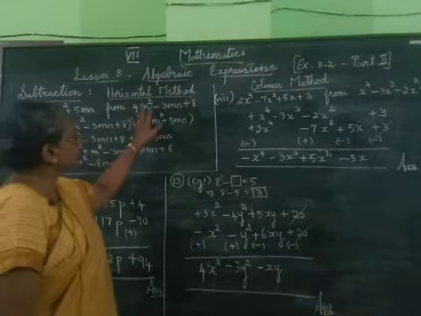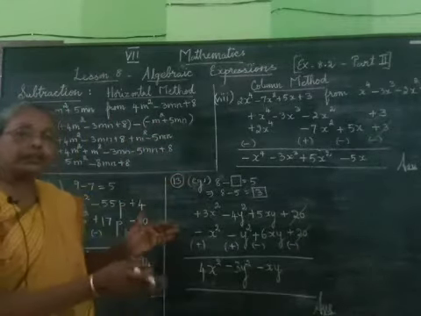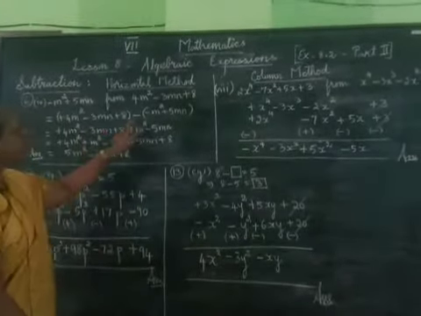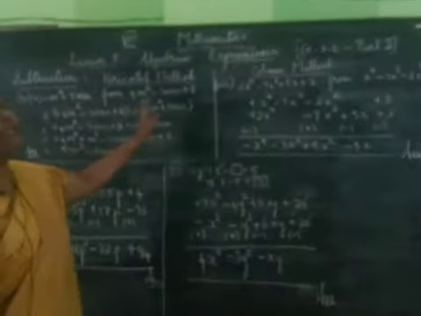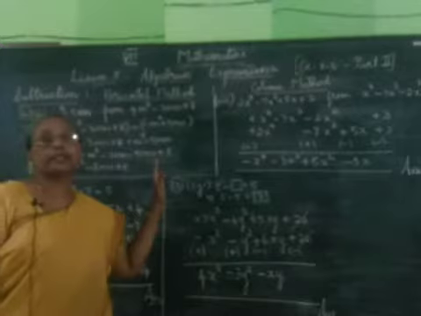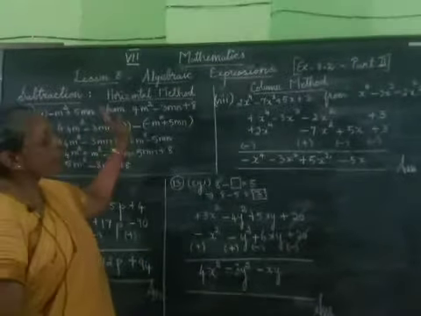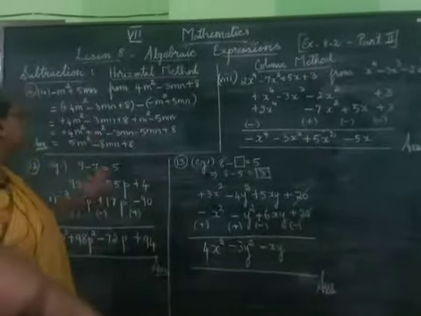So the second one, whichever is given after from, that will come first, then minus of the other expression. Okay, this is the basic thing in subtraction. You should not change that. You should always remember whatever is coming after from only will come first.